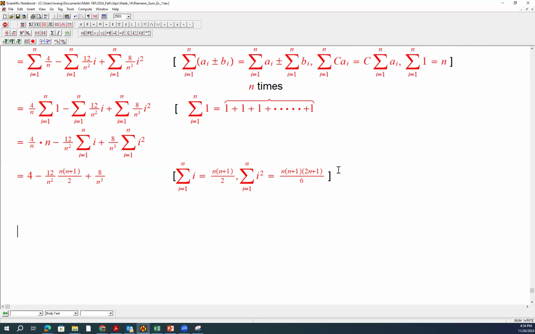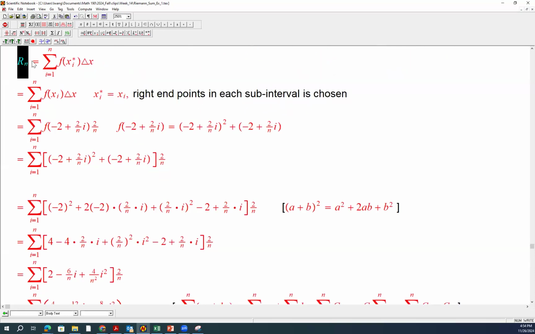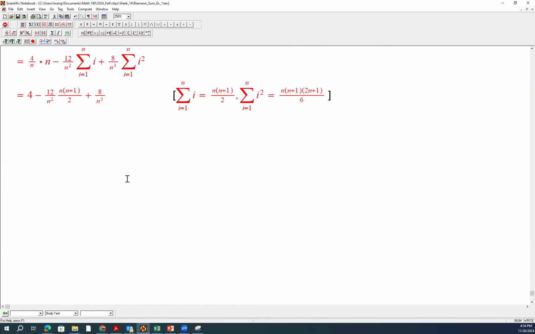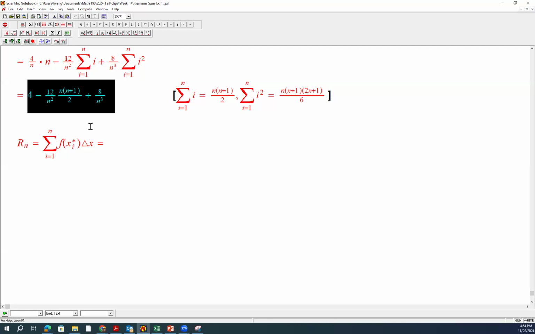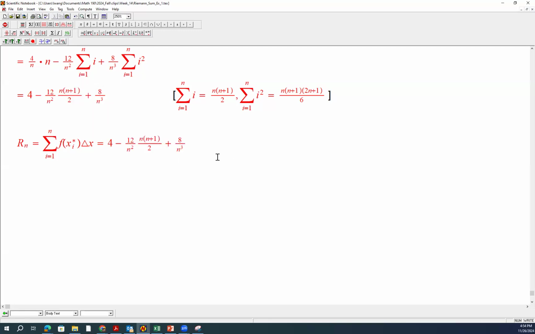So for all of this work, we have gotten to the point that we got the Riemann sum, right? All through all these steps. It could be shorter, right? From all these steps, we finally got to this place. And we know that step 1 is partition, step 2 is making the Riemann sum, and we are here by choosing the right endpoint.